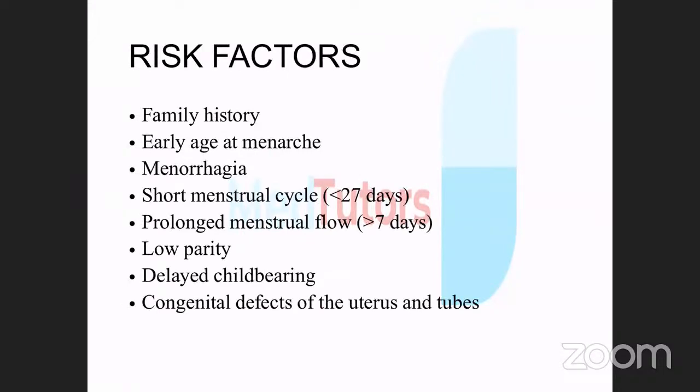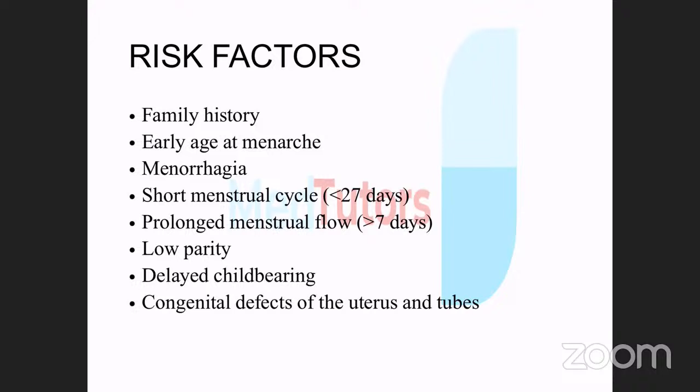So what are the clinical risk factors? Family history. We said relatives of a woman with endometriosis have a 7 to 9% increased risk compared to those who don't have a family relation. It is also found that women with early menarche, menorrhagia, short menstrual cycle, prolonged menstrual flow are at risk.